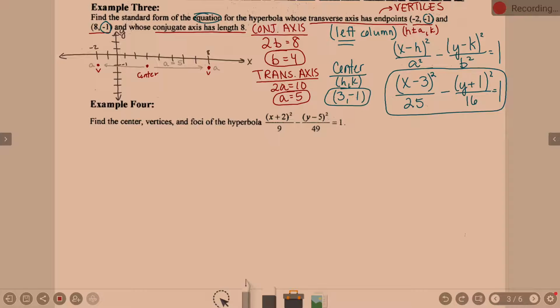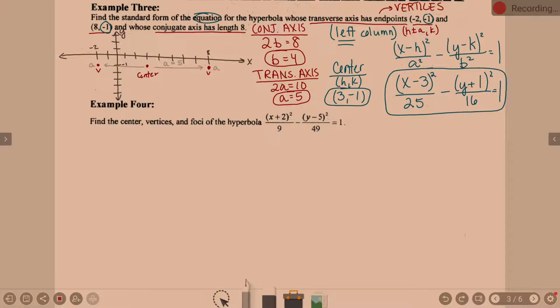Remember, I want you drawing the box, or that's my suggestion, especially on this one because we're not starting at 0, 0. How do I find the other side of the box? We know we went out a is 5, in this case horizontally. What else do we have to go out? What's our other value here? b is 4.